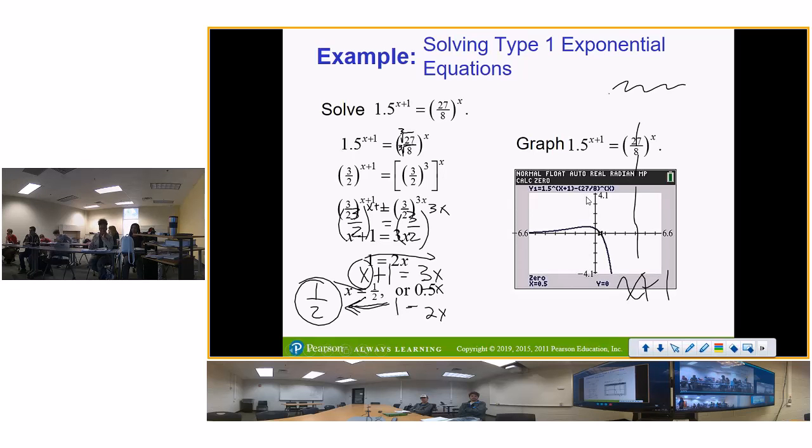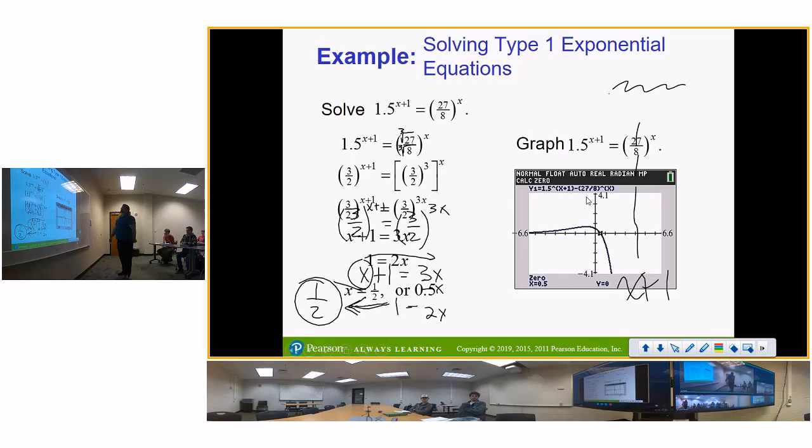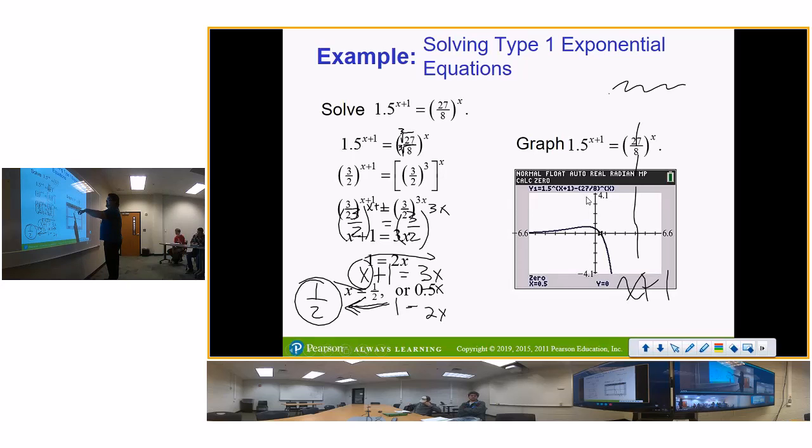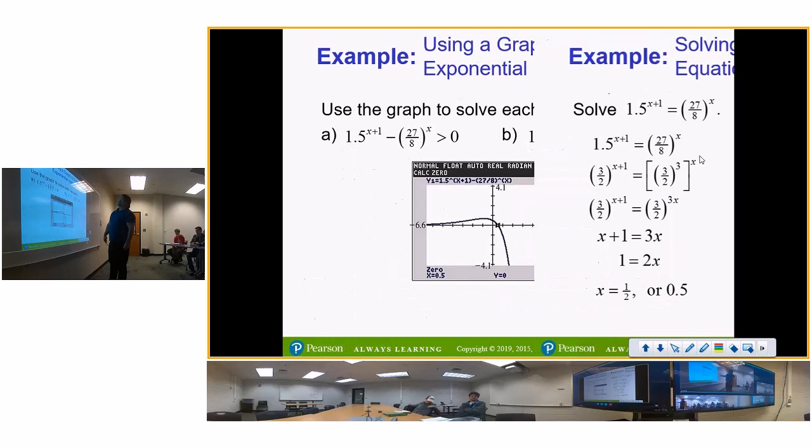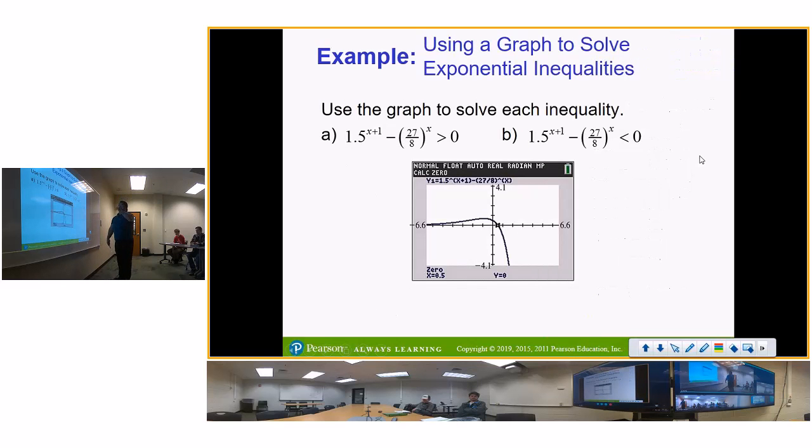There you go. And they said graph it. So I'm not really worried about you graphing it. You can graph 1.5 to the x minus 27, and that's the way you graph it. I want you to be able to solve it algebraically. That's what I want you to do. You just have to bring everything over on one side and type it in.